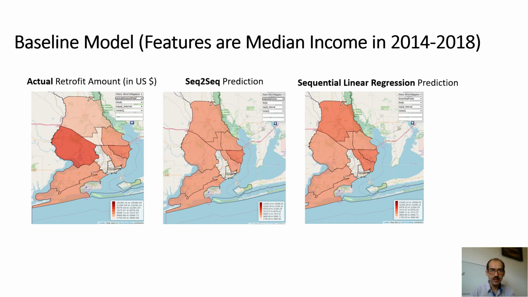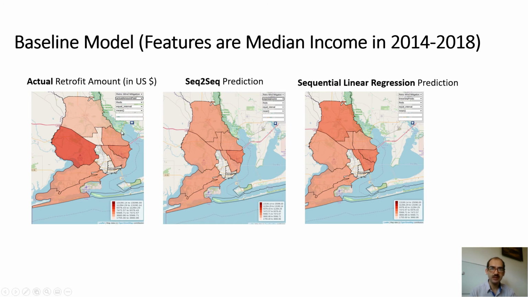For visualization, I used UrbanSim, which takes inputs from five years to predict the retrofit amount. On the left side, the actual amount is given for the vulnerable areas, in the center is the seq-to-seq prediction, and on the right side are the sequential linear regression predictions for different zones.